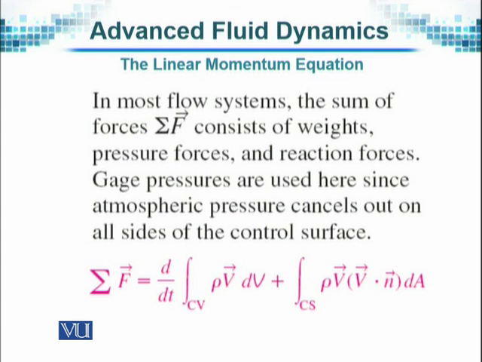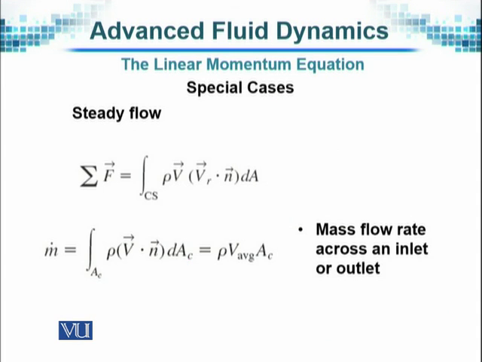In most flow systems, the summation of F consists of weight, the gravitational force, plus the pressure force, and indeed the reaction to the pressure that comes with it. Gauge pressures are used here since atmospheric pressure levels itself out, that is, it is the same everywhere, and therefore the total summation of forces is as shown here.